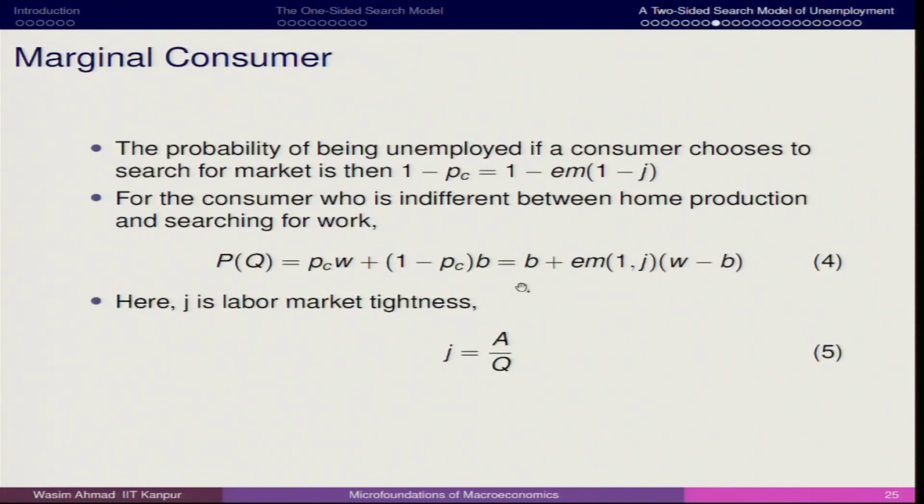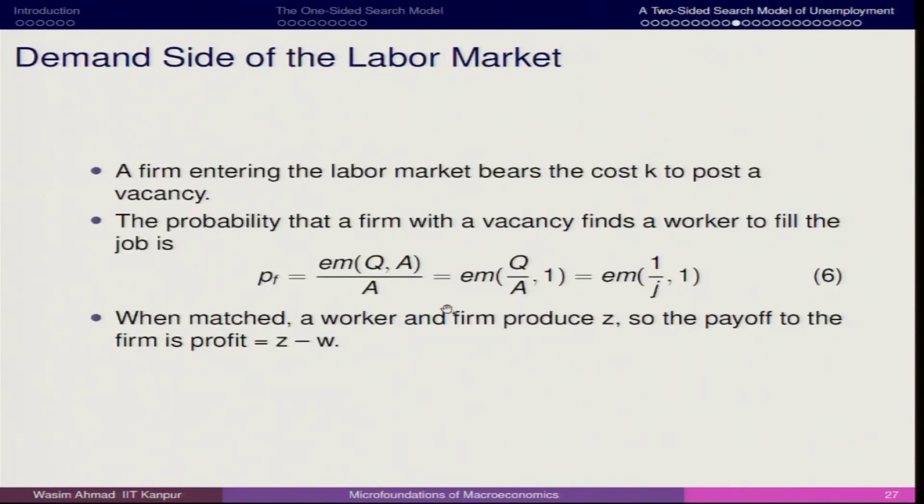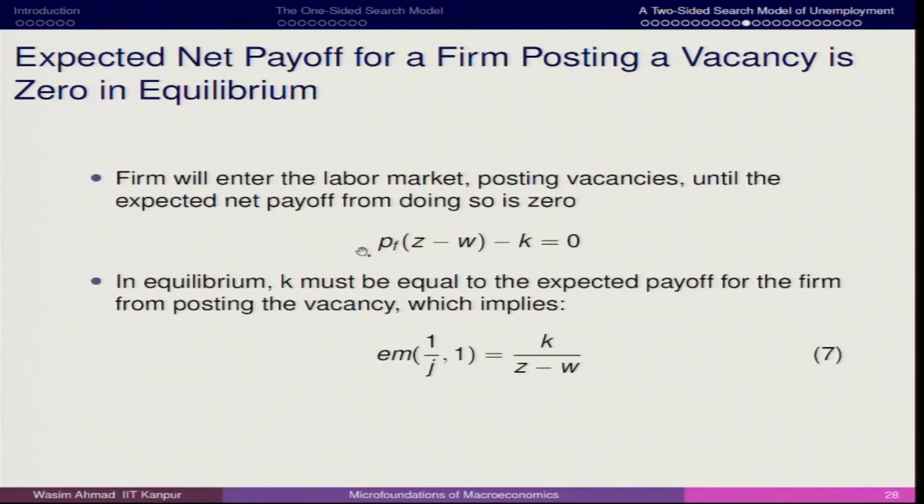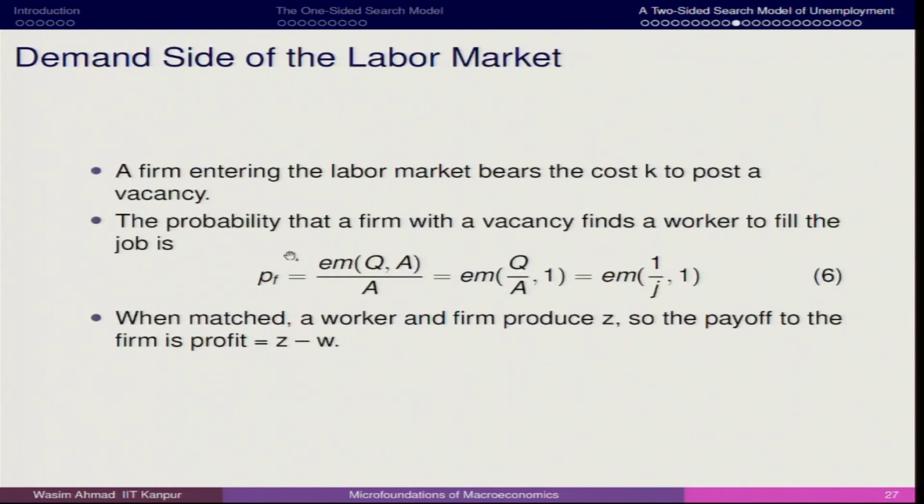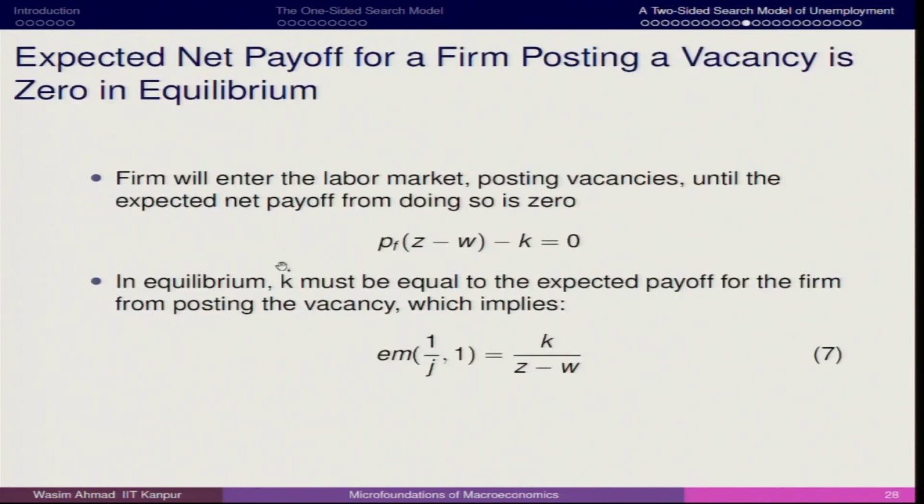So, J decides the labor market tightness, and in order to arrive at the expected net payoff, this is how it looks: the firm will enter the labor market only when P f, which means the probability of hiring, that is when the firm finds a worker, then how much the worker has produced and how much the firm has paid, minus the cost of posting the vacancy. So, P f times Z minus W, minus K, is equal to 0.